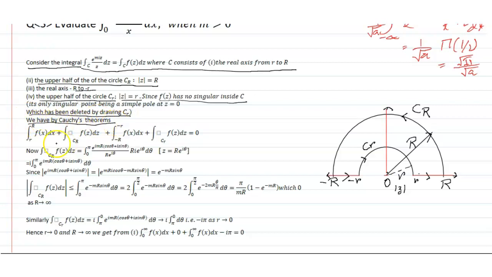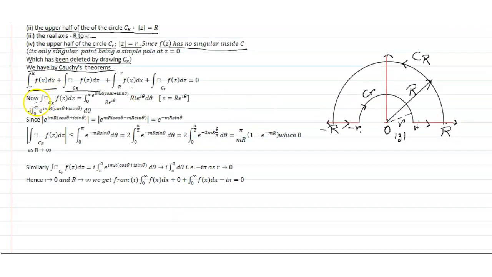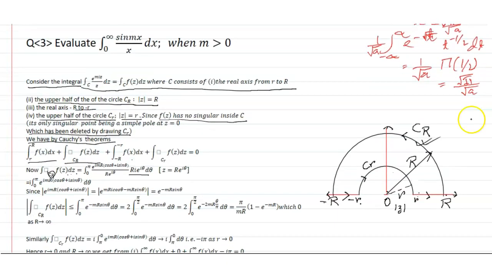We have Cauchy's theorem: the integral from r to R of f(x) dx, this path integral over C_R of f(z) dz, and minus R to minus r of f(x) dx, with the orientation as you see, plus the integral over C_r of f(z) dz equals 0. Now I have to evaluate the integral from 0 to infinity of sin mx by x dx.